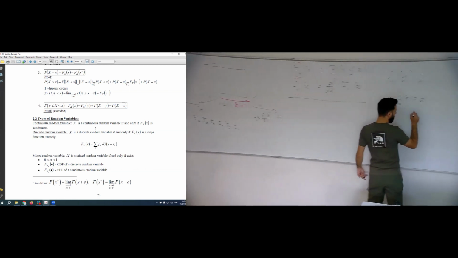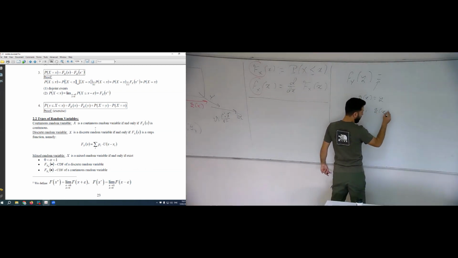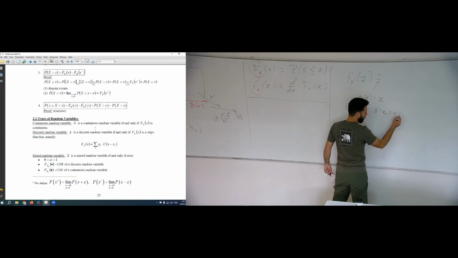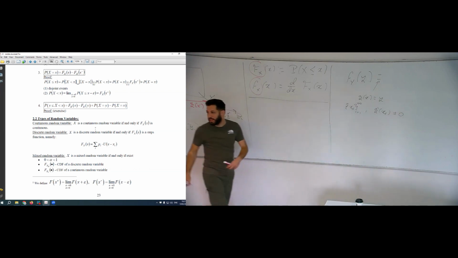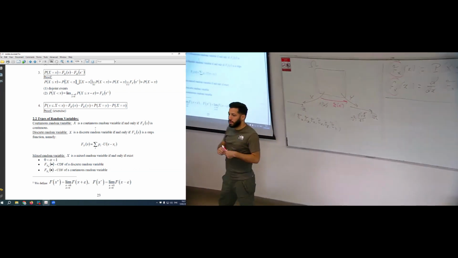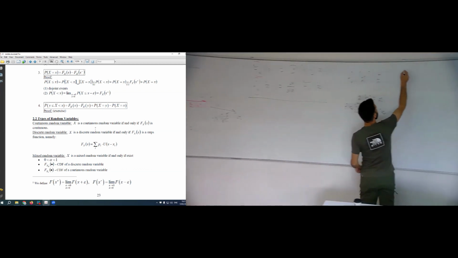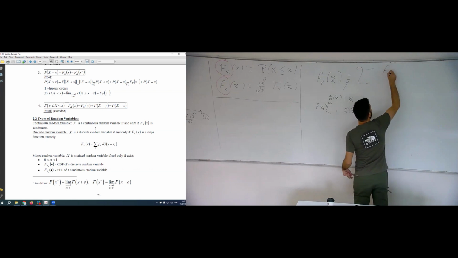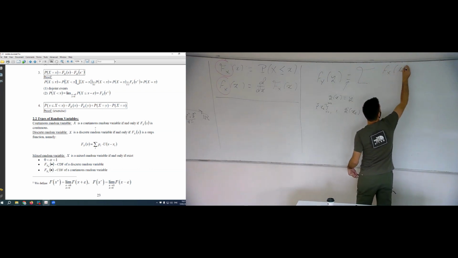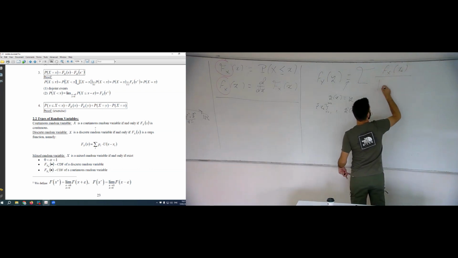And at each point of these, the derivative of g is not 0, I can say that fy of y is fx at xi divided by that at xi.